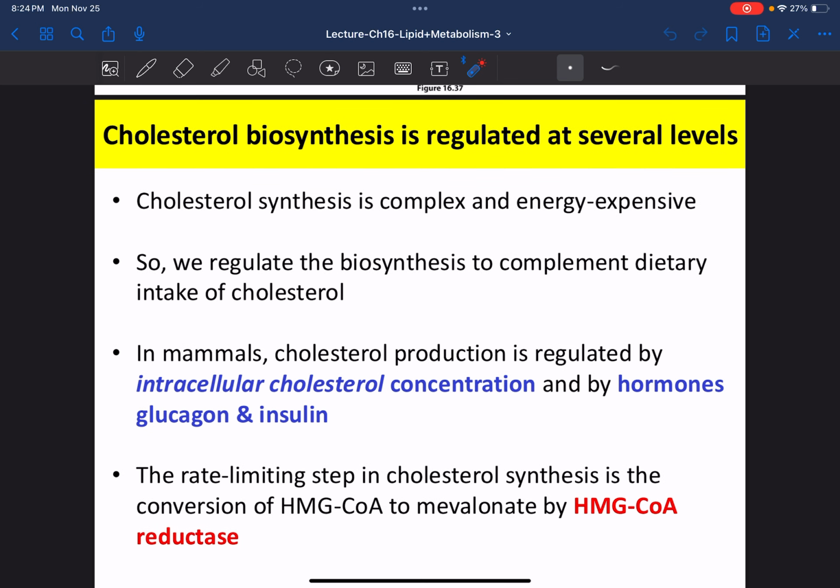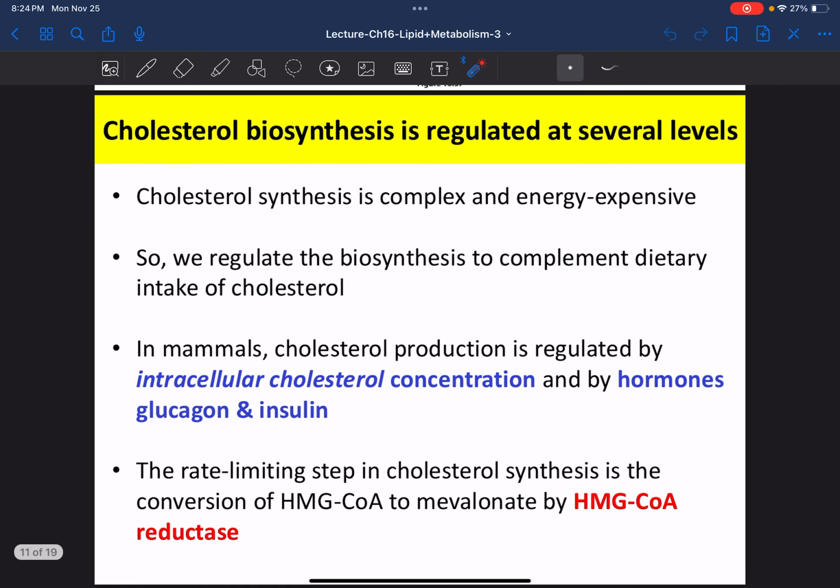Cholesterol biosynthesis is regulated at several levels. It is a complex and energy expensive process, and we regulate the biosynthesis to complement dietary intake of cholesterol. In mammals, cholesterol production is regulated by intracellular cholesterol concentration and by the hormones glucagon and insulin.